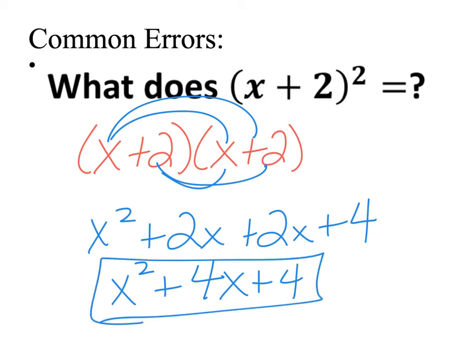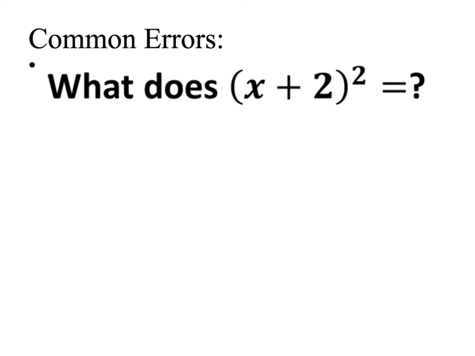Now you might guess what the really common mistake is. The really common mistake is people will say, oh, well, I'm going to distribute the exponent, they think, and they end up with x squared plus 4. Well, you can't do that. Exponents don't distribute when there's a plus sign there, so you cannot do that. So it doesn't work like that.